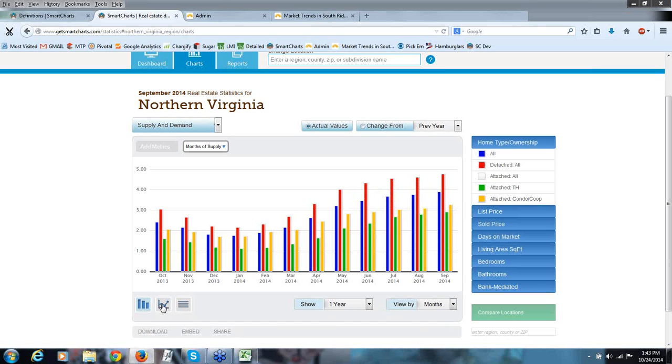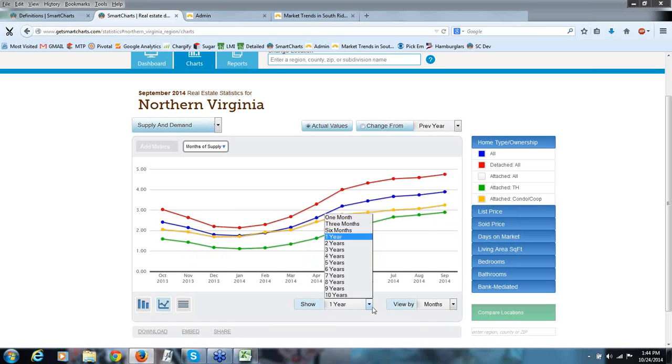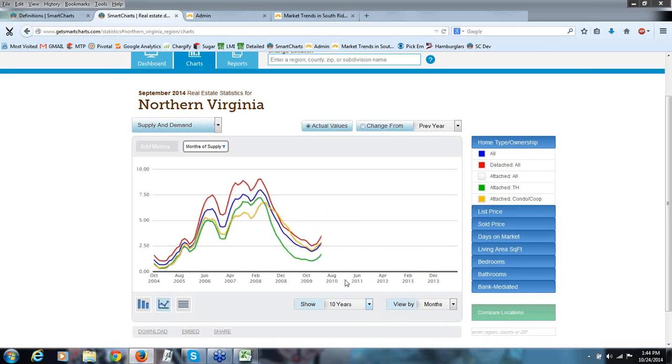And we can look at these trends over time. So over the previous 10 years, say, we can see townhouses, there didn't used to be as big of a gap between townhouses and detached homes. That gap's widened some as affordability has come back into play and there are more strict lending standards.